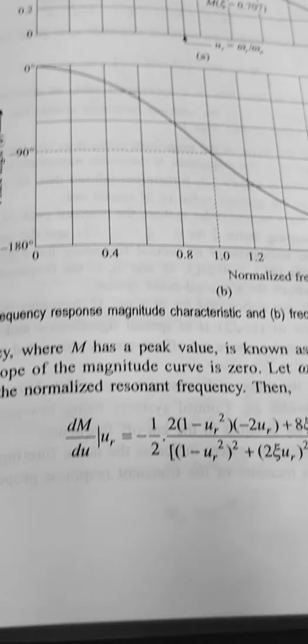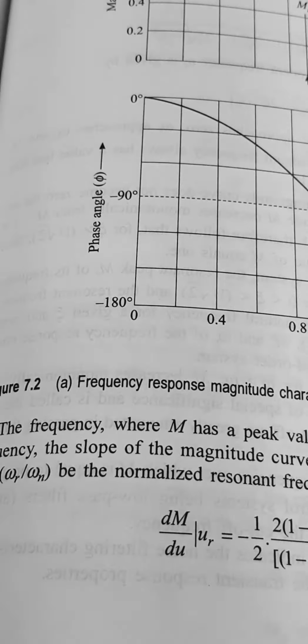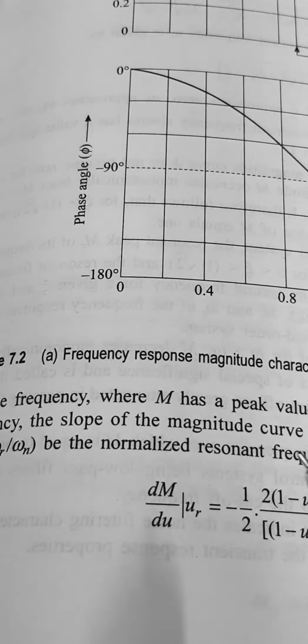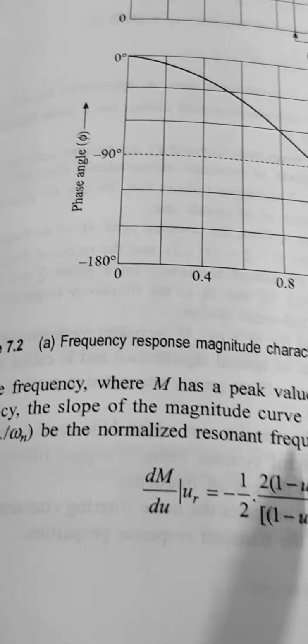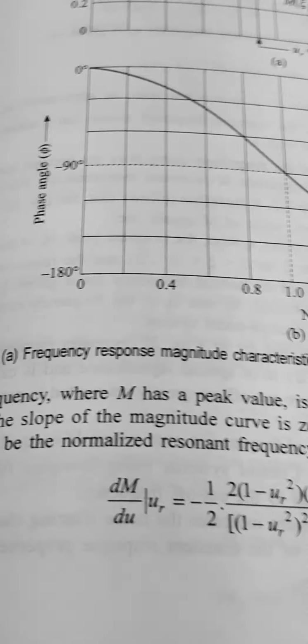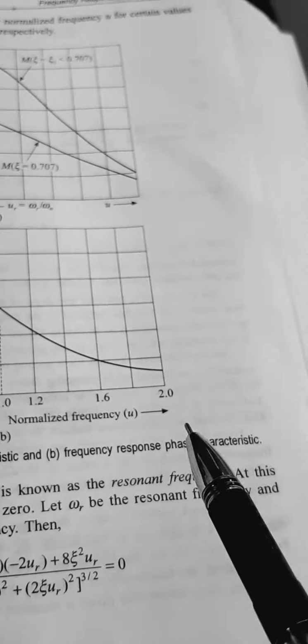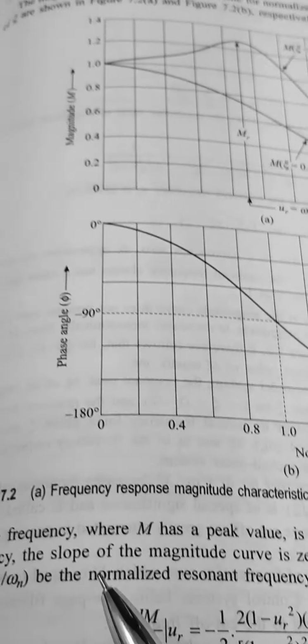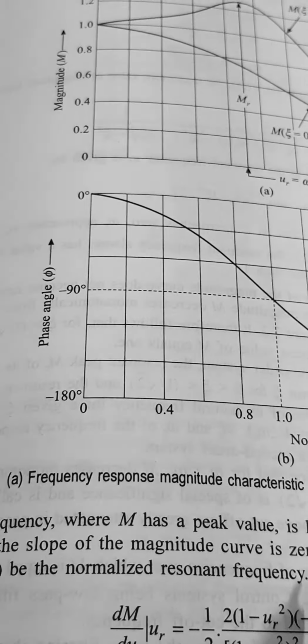Now the frequency where M has a peak value is known as the resonant frequency. At this frequency, the slope of the magnitude curve is 0.